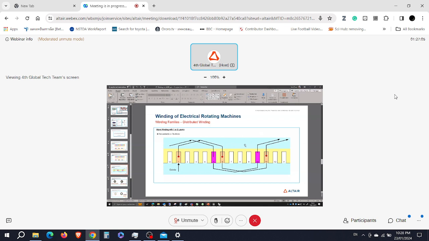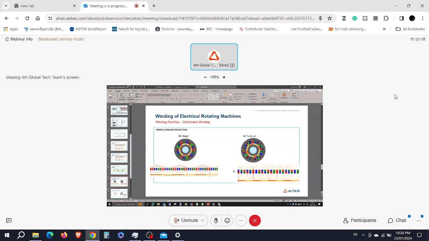Then there is another kind of winding, which is fractional winding, if I can say that. So if we compute the number of slots per pole per phase and we don't find an integer, we can still use fractional winding, and this is really a headache to make.